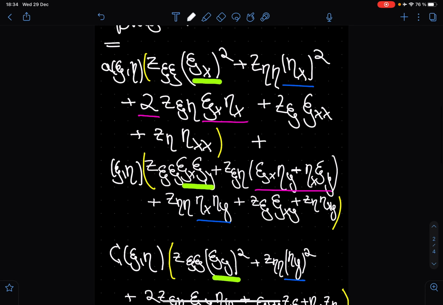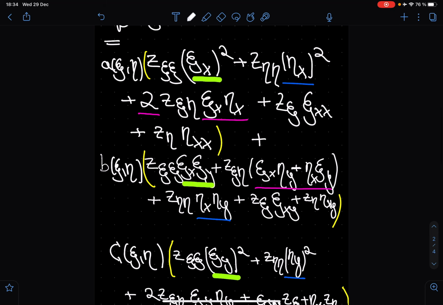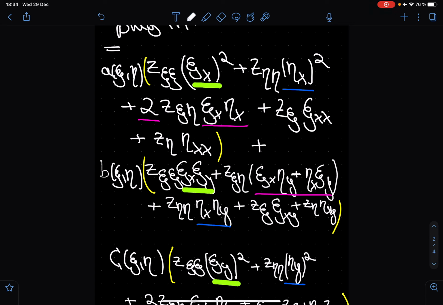Same for the coefficients. So we got b, which was dependent on x and y. Now it's dependent on y, xi and eta, but it's not actually important. It's just important to set all those operators in the right order.